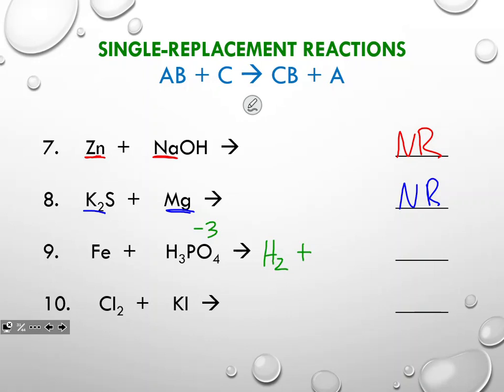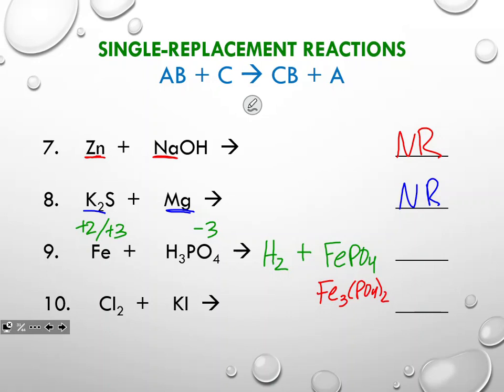I would go with the +3 here, because it's just simply a 1-to-1 ratio, so FePO4, because you have the possibility of being +2 or +3 if you're iron. Like I said, it's just easier. You could still predict the products and make it, the other one would be Fe3(PO4)2.